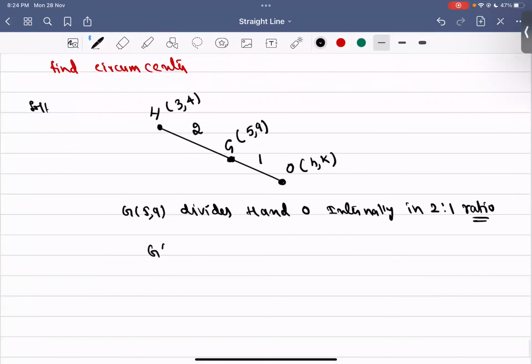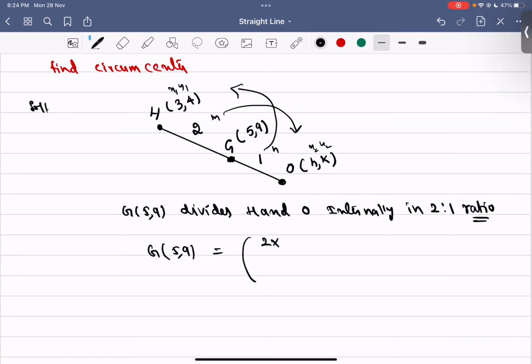Therefore, G (5, 9) is equal to the internal division formula. This is m/n, and these are (x1, y1) and (x2, y2). So m goes this side and n goes this side. The formula is (mx2 + nx1)/(m + n).